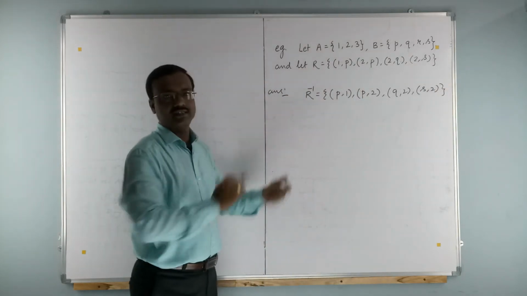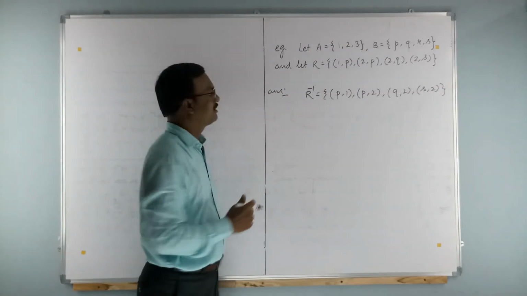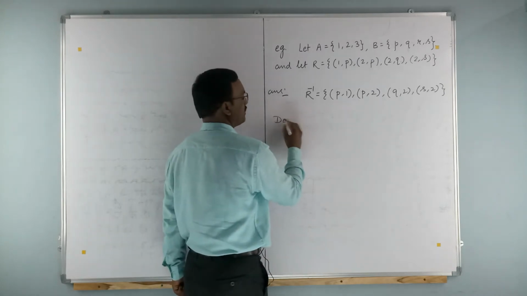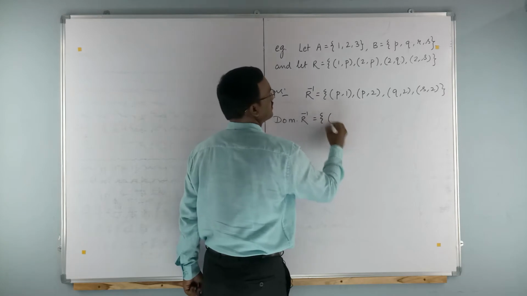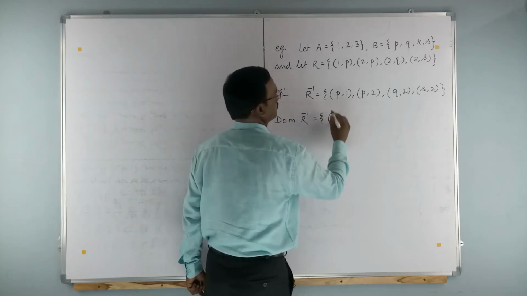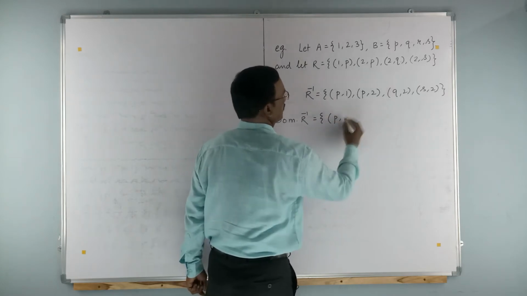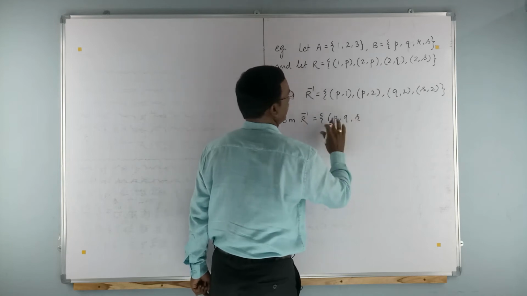We have reversed the corresponding elements. In this case, what will be the domain of R inverse? Domain of R inverse is {P, Q, S}.